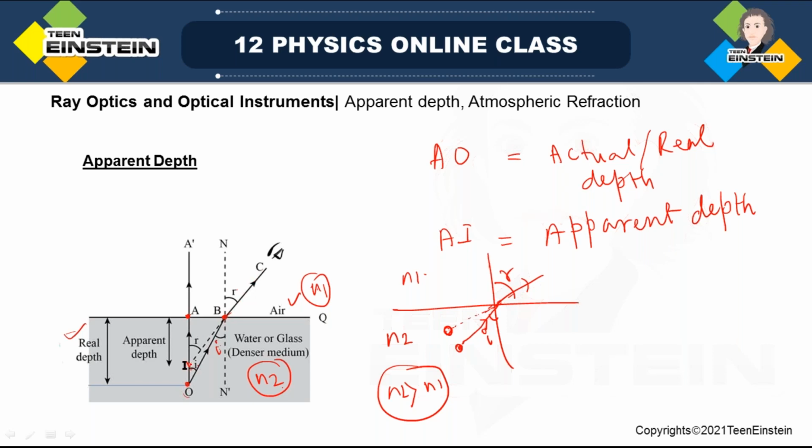If you backtrace it, you will reach over here and see another ray. As I said, it is refracting from OA to A prime, and these two rays, the one and the backtraced BC, are intersecting at this point I.